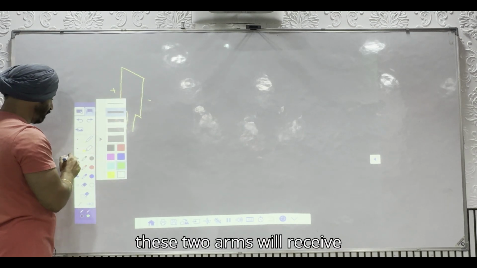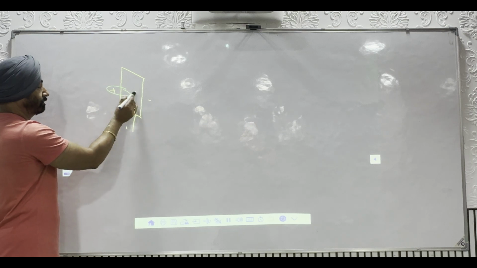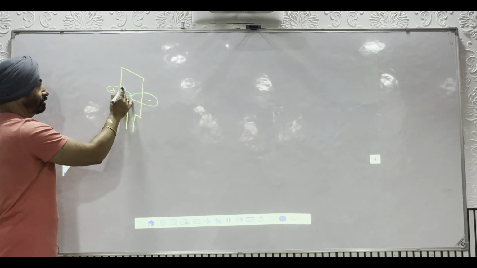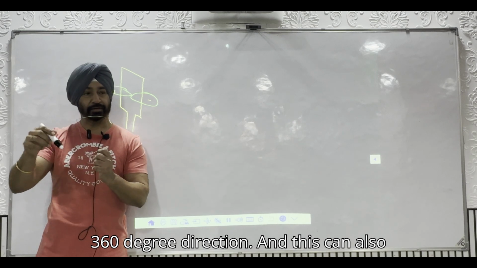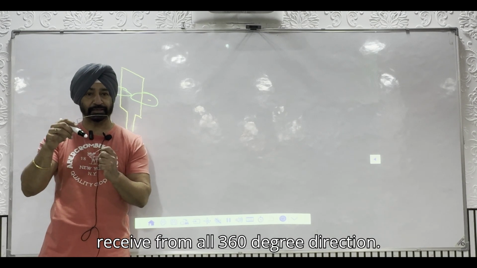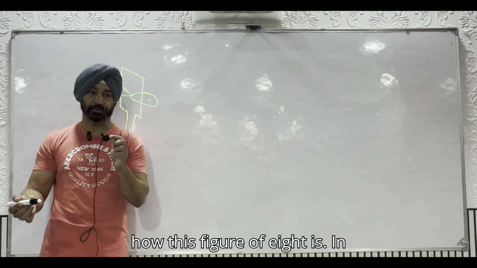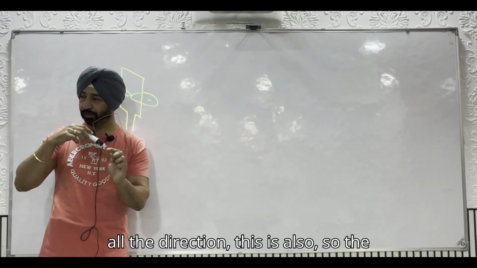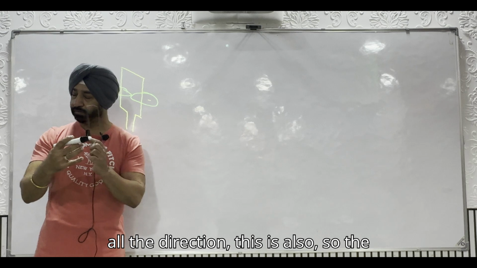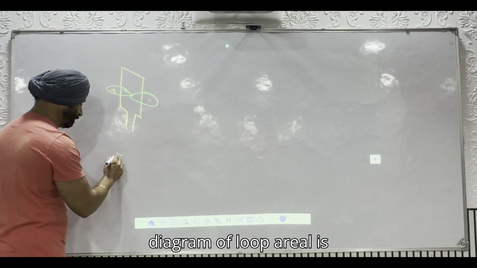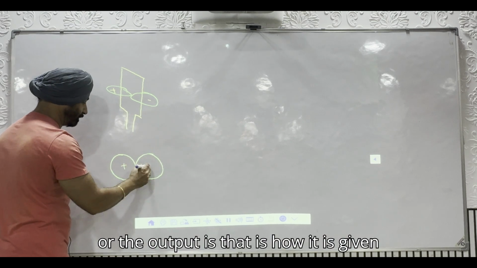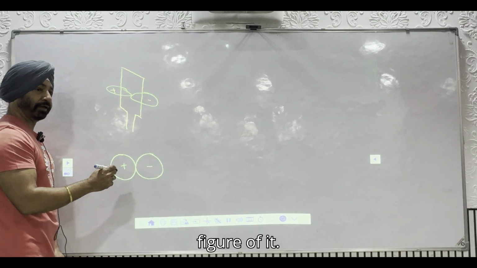And these two arms will receive signal like this. It can receive from all 360 degree directions, and this can also receive from all 360 degree directions. That's how this figure of 8 forms. In all the directions, this is also. So the net resultant, the polar diagram or the output of the loop aerial, is given as a figure of 8.